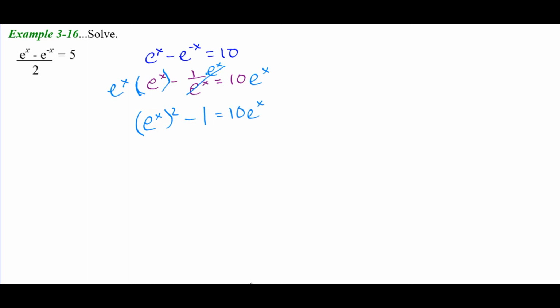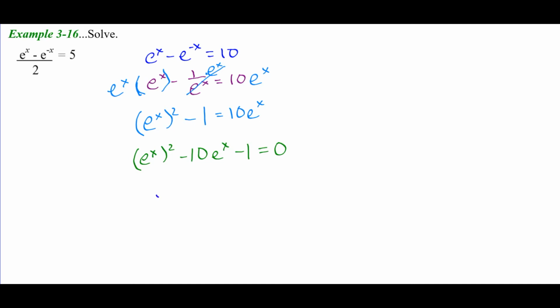Now I have a quadratic, so I'm going to move everything to one side of the equal sign, so it's equal to 0. So we have e to the x squared minus 10 times e to the x minus 1 equals 0. So remember, once I have a quadratic, I have multiple ways to solve that quadratic. We can factor, we can complete the square, we can use the quadratic formula.